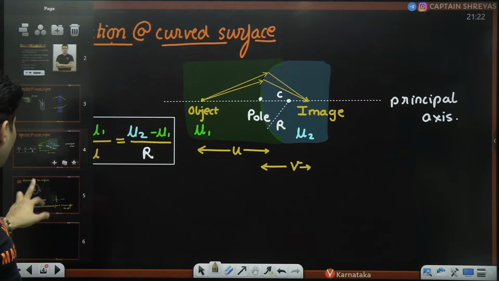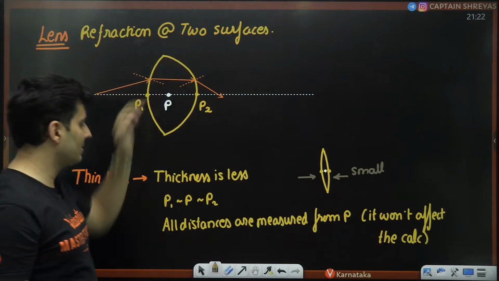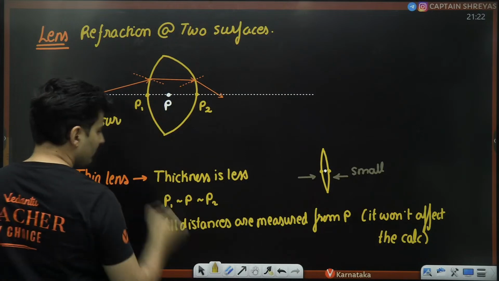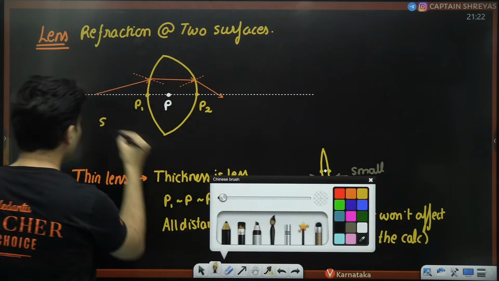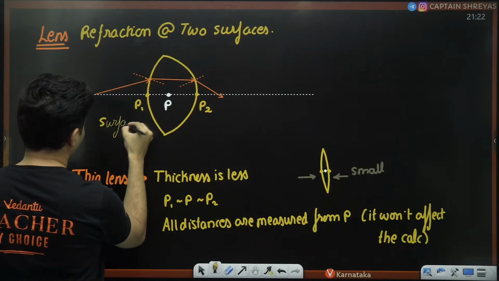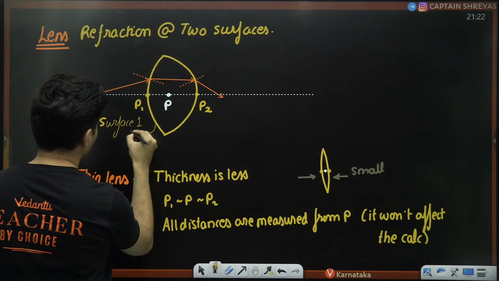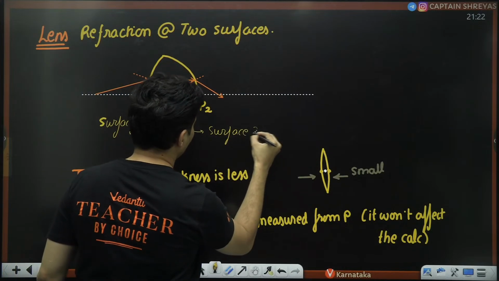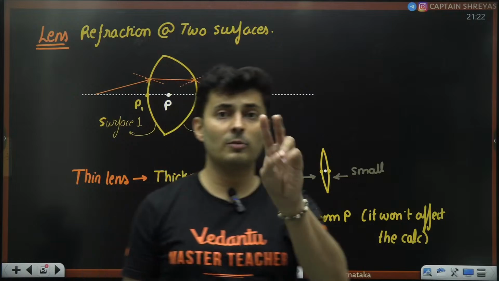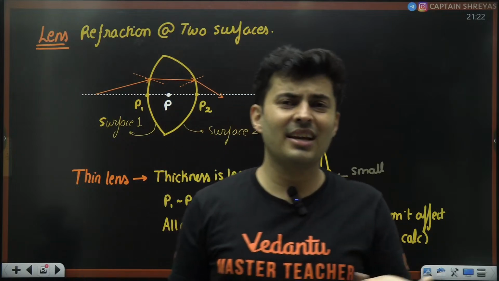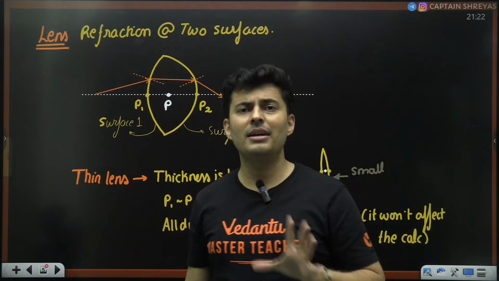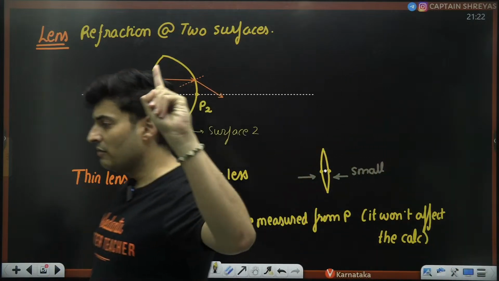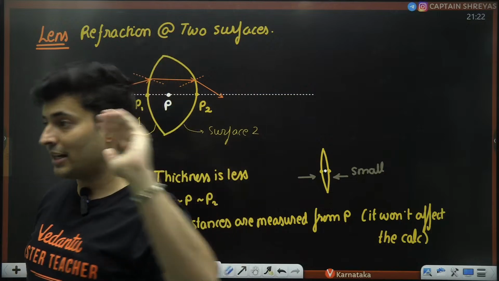We will use this formula 2 times, for surface number 1 and surface number 2. So we'll have to use the refraction curved surface formula 2 times. But don't you think it is a headache? What if I tell you it is already derived and we know the formula?